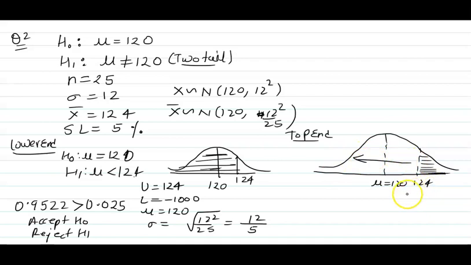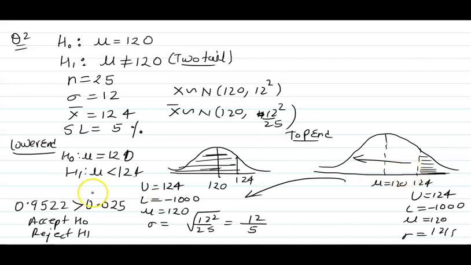So how are we going to find it? Upper value is 124 and lower value is minus 1000, because you are going down. Mu is 120 and sigma will be 12 over 5. So exactly you will get the same thing, because here 124 is on the right hand side, but we have already worked it out.